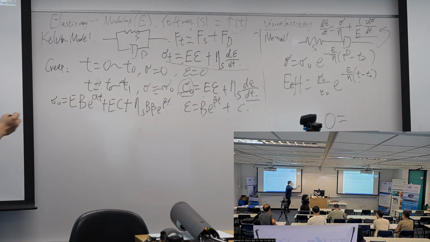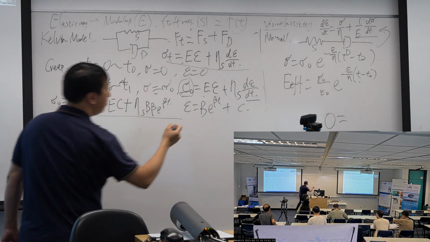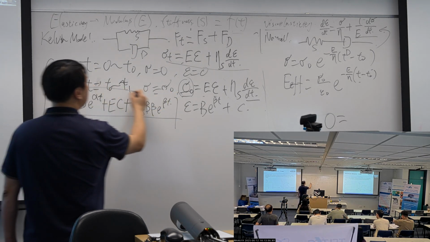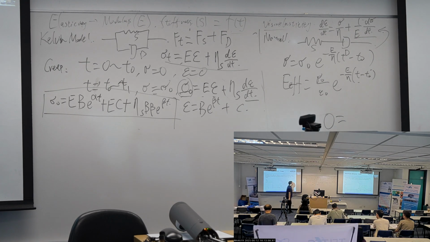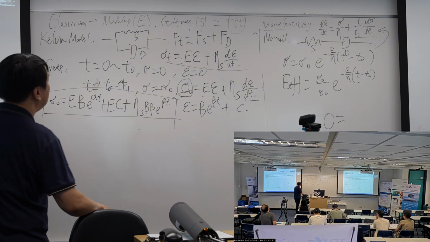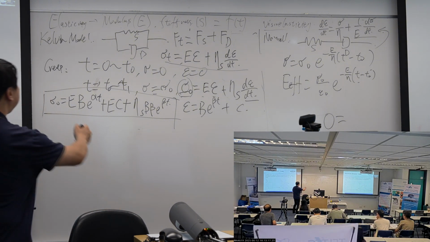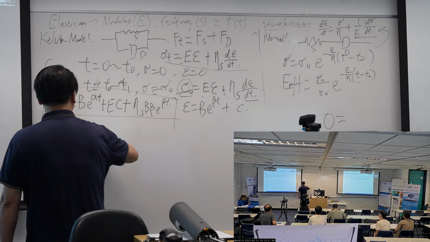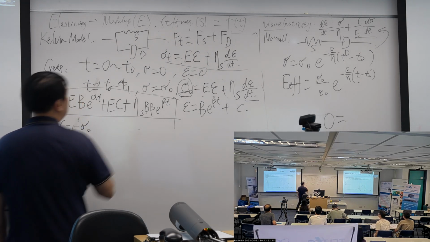Okay, so I want this equation to be constantly true. I can have the condition that EC equals negative sigma 0.